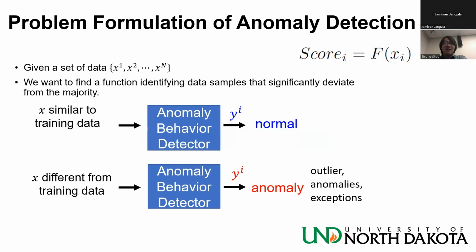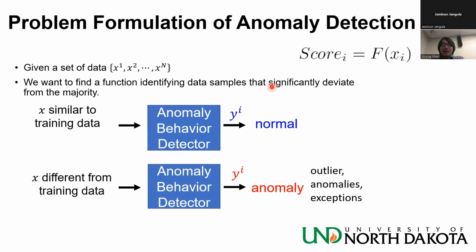A simple problem formulation of anomaly detection: we are given a set of data, and potentially we might also have some labels, but that is not a must. At least we need a set of data points. Then we want to find a function F that identifies the data samples that significantly deviate from the majority.